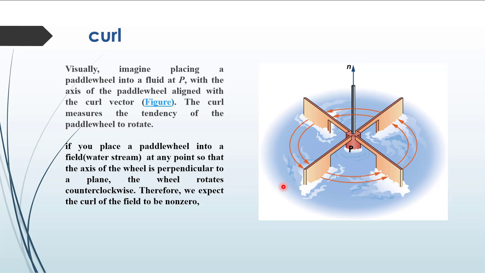If the water is flowing with some velocity, meaning the water is a vector quantity, and I place this paddle inside that water, then the paddle will move in either anti-clockwise or clockwise direction.